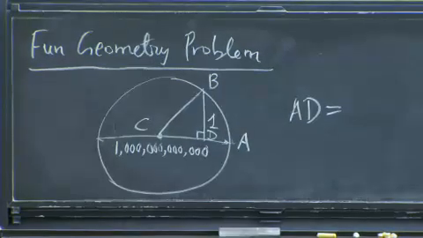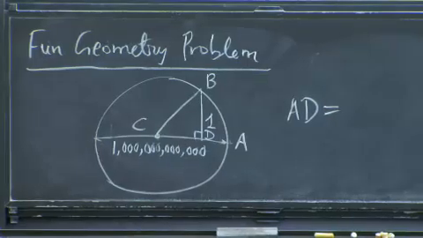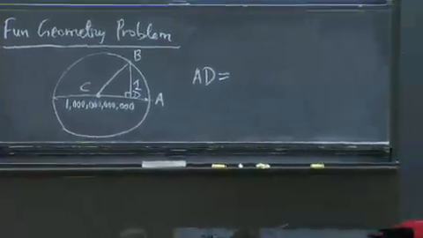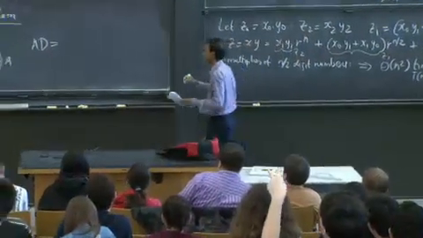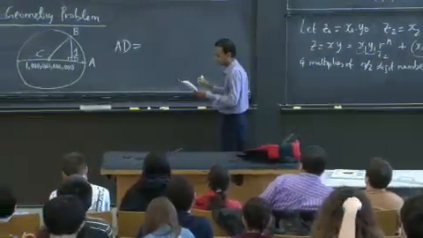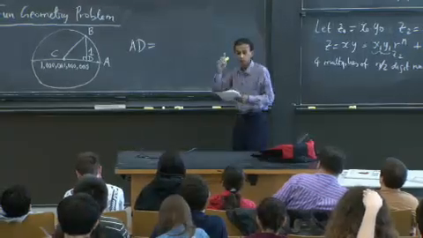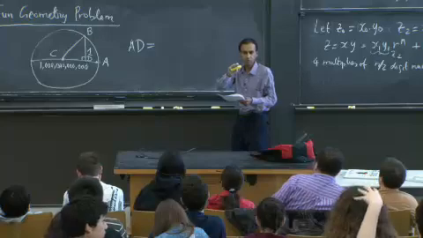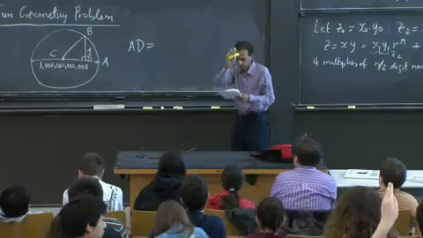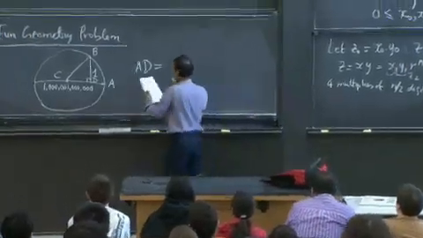The radius, 500 billion, minus the square root of 500 billion squared minus 1. Perfect.